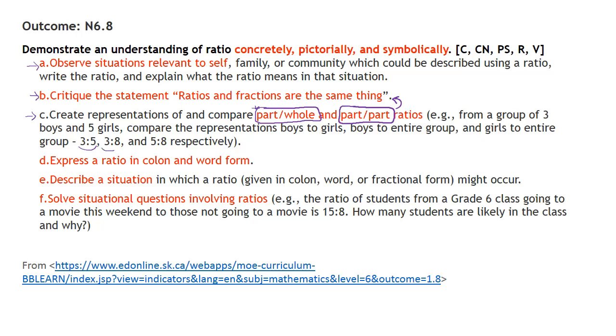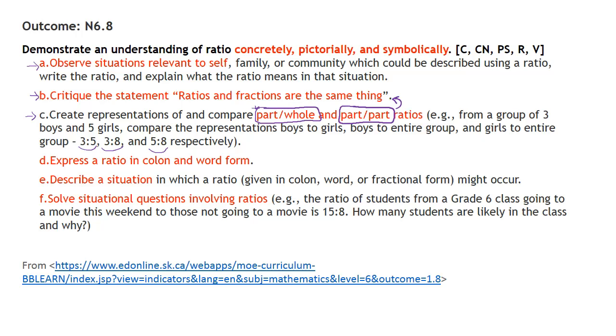Then we have 3 to 8, and that would be boys to the whole group. So 3 to 8 is boys to the entire group. And then comparing girls to the entire group. So 5 girls and there's 8 in the whole group. So there is our part to whole and part to part. A little bit different from fractions.